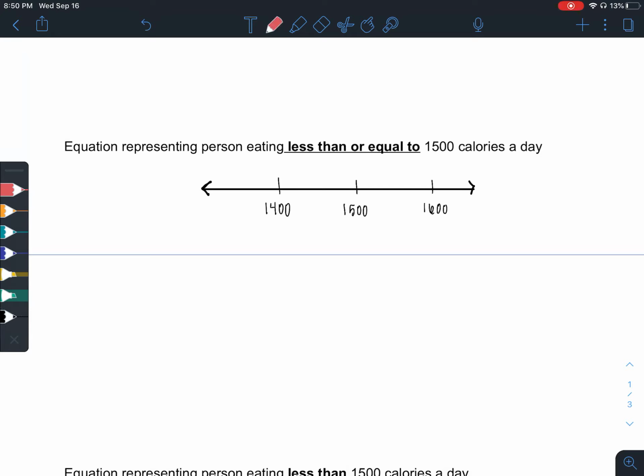So I want to eat less than or equal to. We'll say the number of calories eaten is x. The sign less than or equal to looks like that, and then 1,500. So I'm going to have a closed dot on 1,500 pointing to the left.